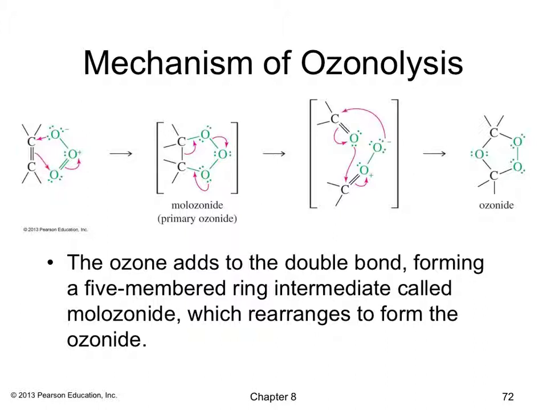Electrons from your alkene go to the oxygen, quenching that positive charge. This is, remember, a negatively charged oxygen, so that'll come over here. This will generate a molozonide, which is an intermediate. And so make sure you put your double daggers.